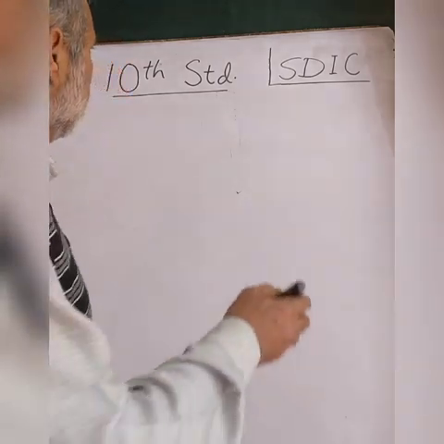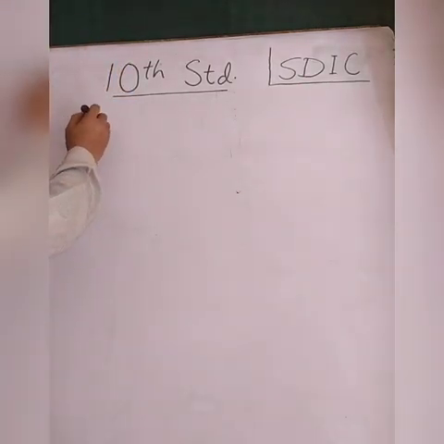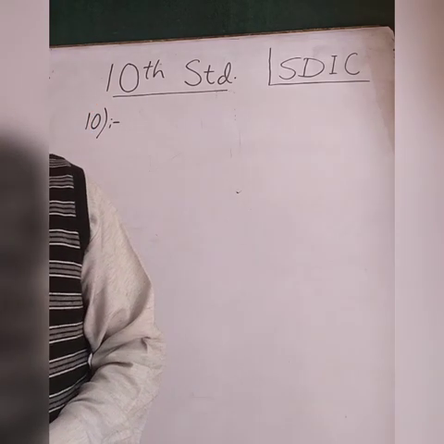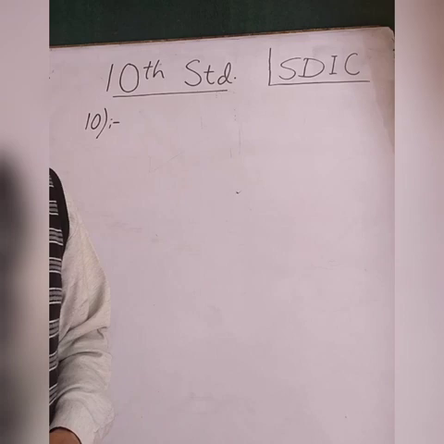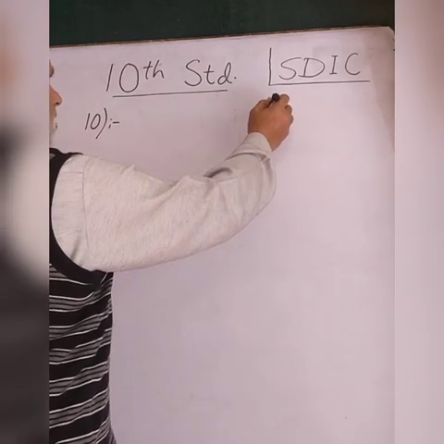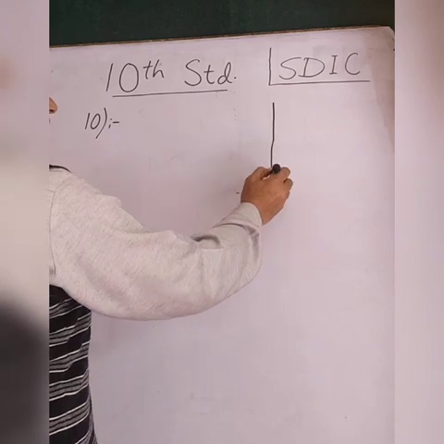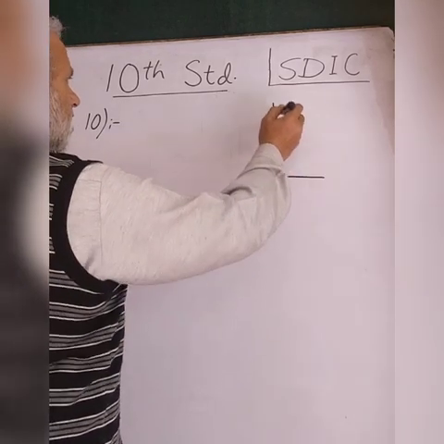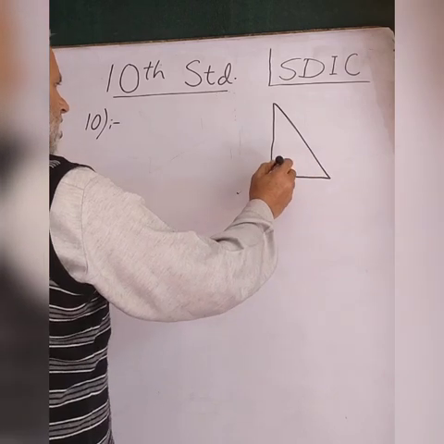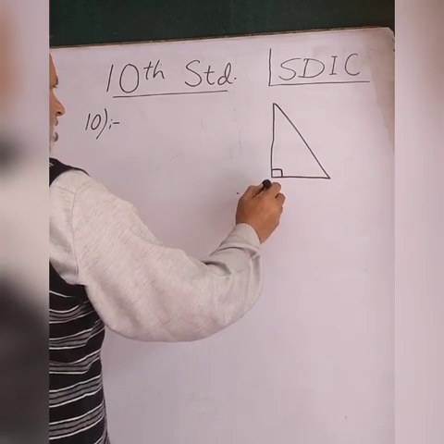Here we have question number 10. According to the statement, we now have a triangle PQR right angled at Q. Let us draw the diagram to understand the question. A right triangle is there, right angled at Q as per the statement.